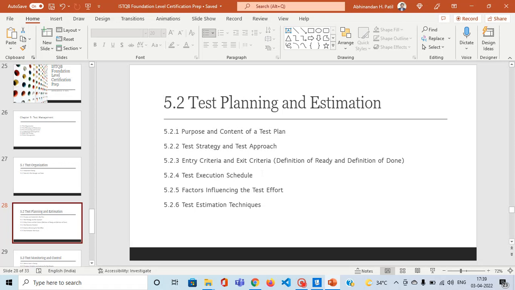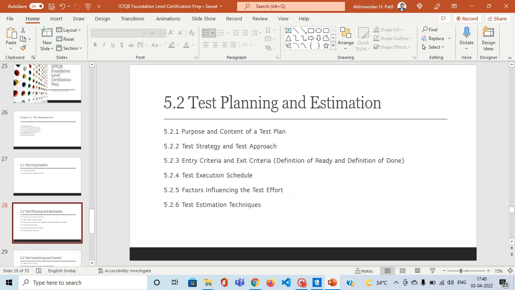And next is factors influencing test effort. What all could alter the test effort? So test effort estimation involves two things here. One is the estimation part, and another one is the actual test effort. While estimating the effort, we predict the amount of test related work that will be needed, and the effort itself is dependent on several factors.